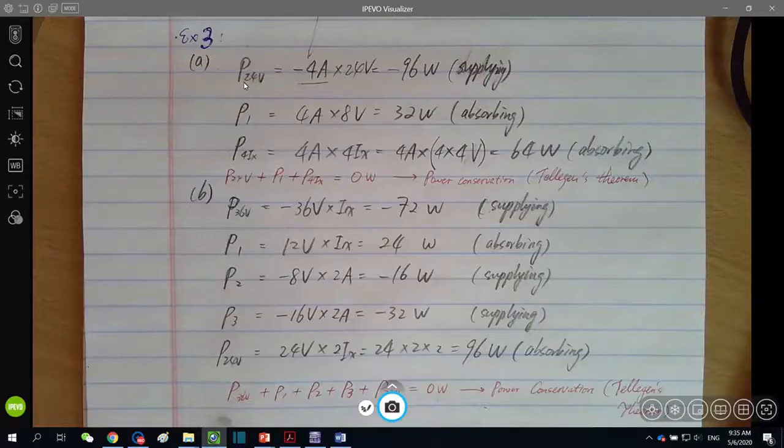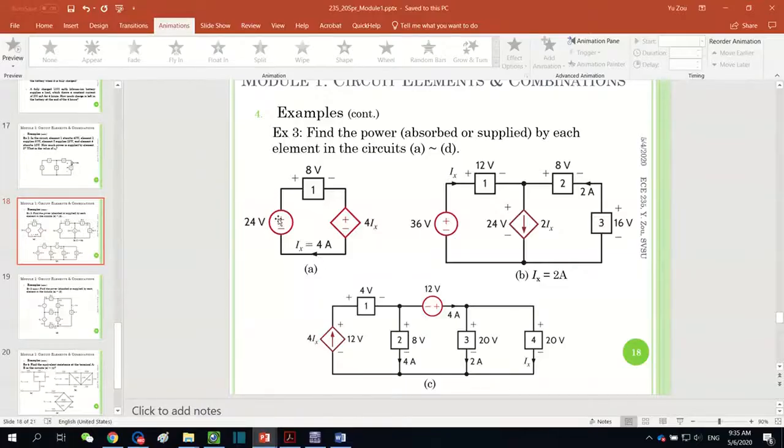So I'm using different subscripts to differentiate different elements. For example, the 24 volts voltage source has power P sub 24 volt, and it equals the product between the current through it and the voltage across it. The current through this 24 volts voltage source is 4 amperes, as we said. However, you see this 4 amperes is entering the negative polarity of the voltage source. Doesn't match the passive sign convention.